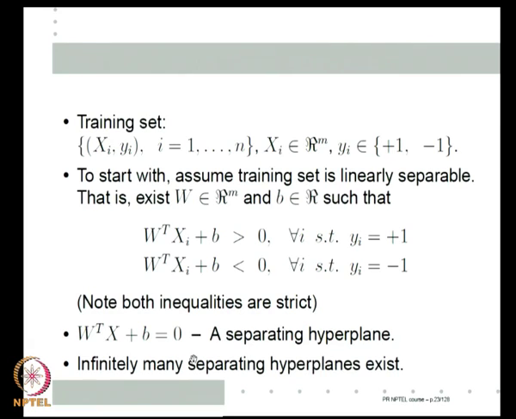So, the question comes, which is a good separating hyperplane? Earlier, when we did the perceptron, all we were bothered about was finding any separating hyperplane. That is all we actually proved about the perceptron, that it can find a separating hyperplane. But because there exist infinitely many separating hyperplanes, can we say that some hyperplanes are better than others?